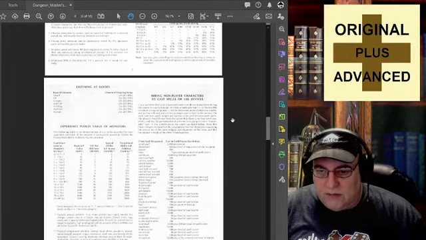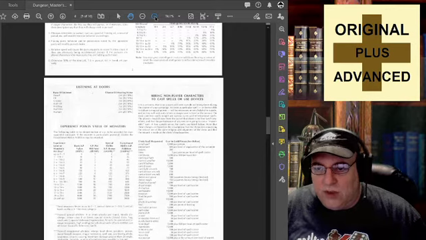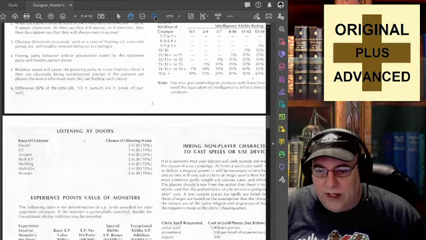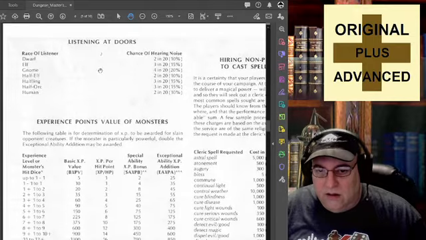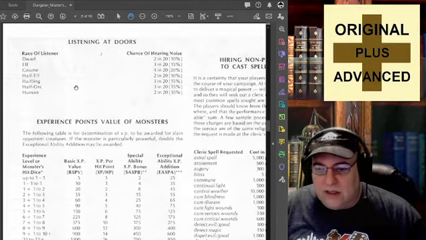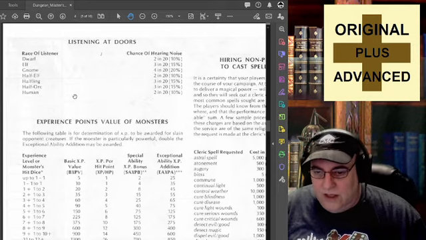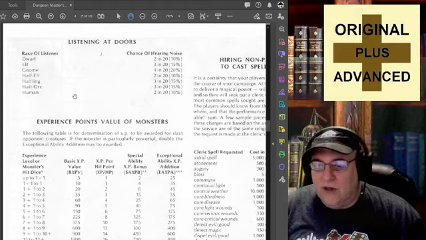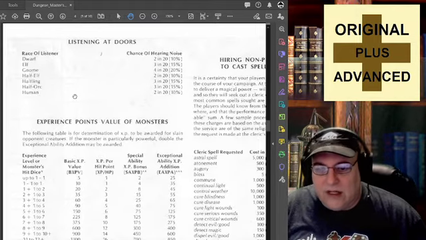to this page, because I think it's important to know if you're a straight-up first edition player, this is not first edition. This is, in all likelihood, some form of basic. It's not original D&D, and it's not first edition.